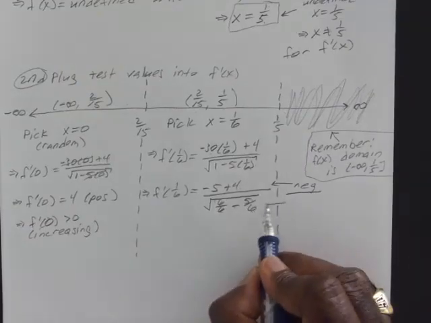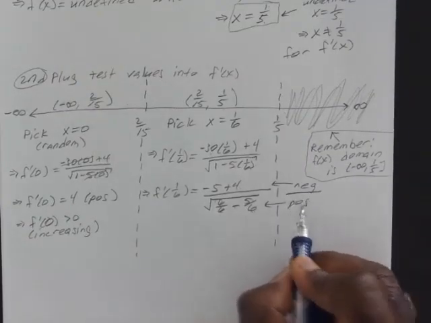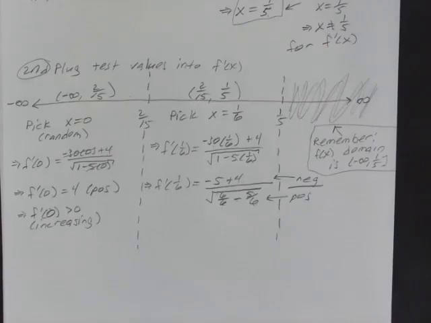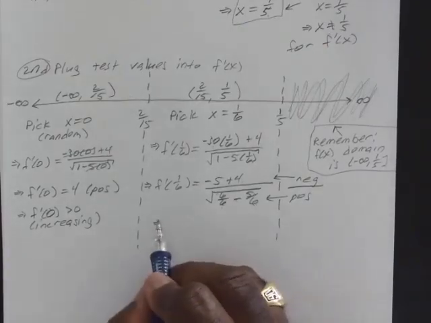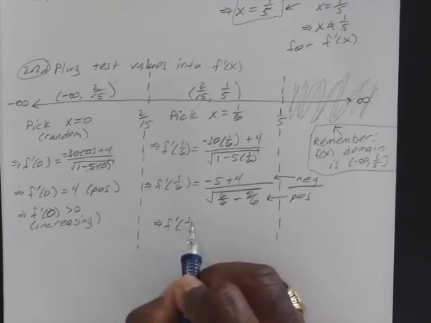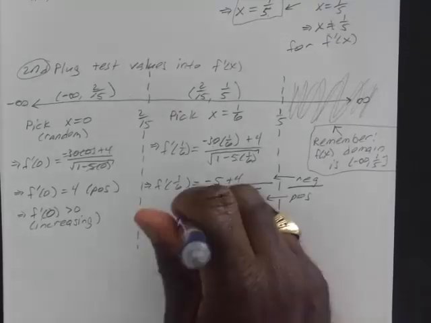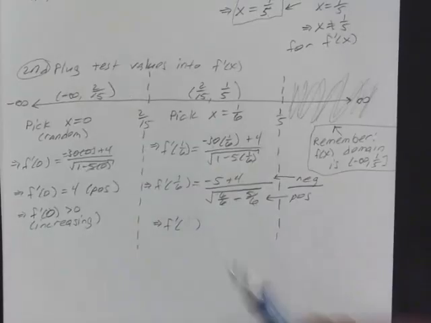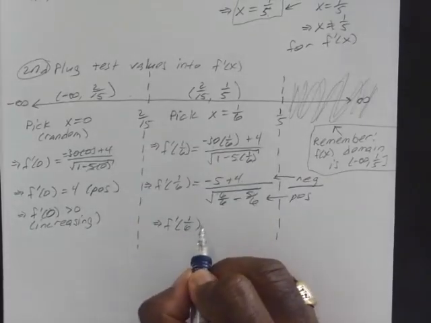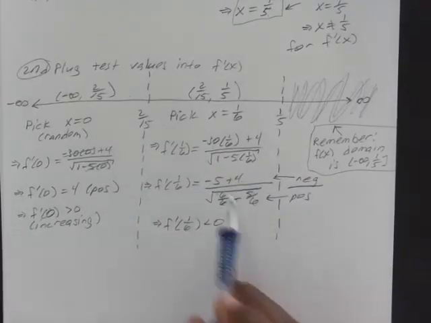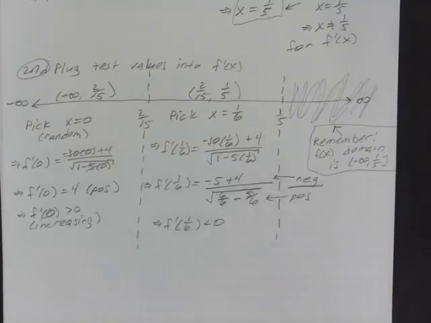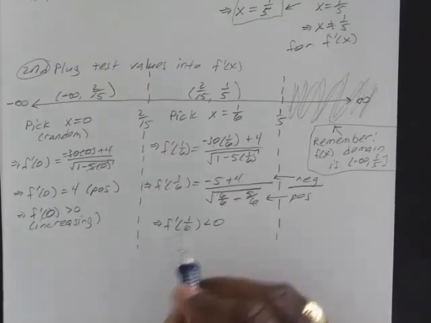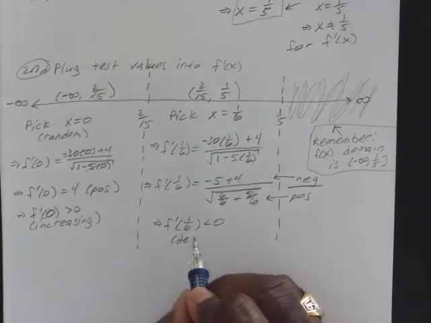So we know that that's going to be positive. So a negative divided by a positive is a negative. So we just know that f prime of 1/6 is less than 0. Again, we don't care what the actual answer is. We just want to see if it's positive or negative for this particular test, which means it's decreasing.